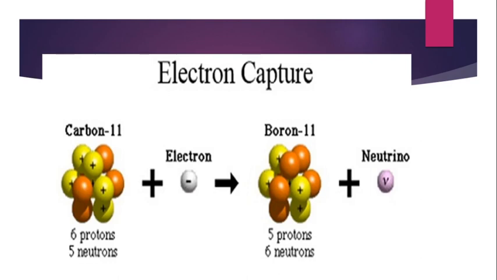So 5 neutrons becomes 6 neutrons. So 5 protons and 6 neutrons, again the mass number remains the same. So carbon 11 will become boron 11 plus an emission of a neutrino.